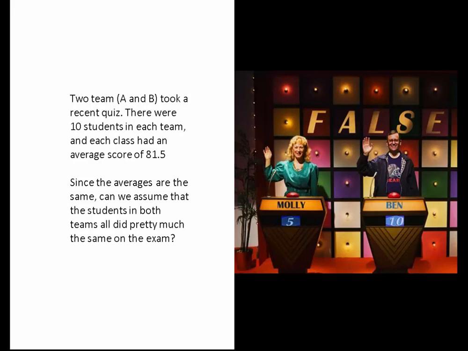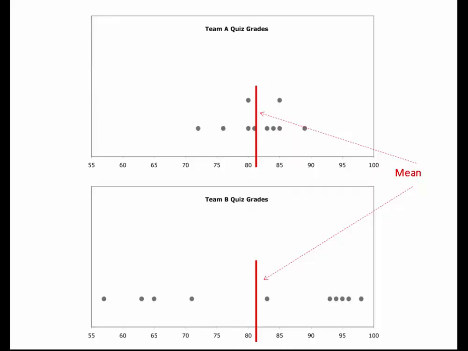Here the averages are the same, but can we assume that in both groups students did overall the same on the exam? The average is the same, but maybe in one group there were a couple of people that were really good and a couple that were really bad, while in the other group, everybody had 81.5. That's the difference, and that's where measures of dispersion come into play.